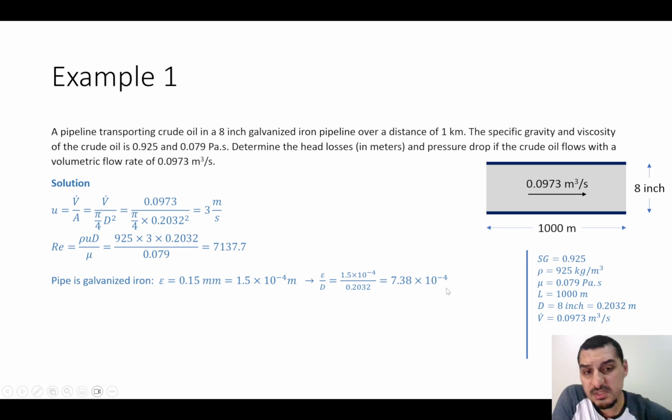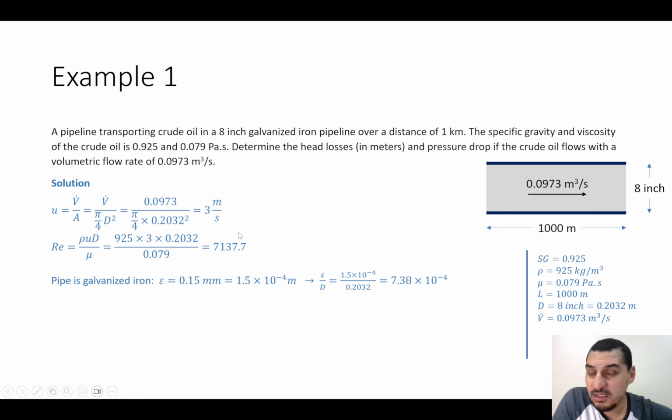So this is good news. We know the relative roughness, we know the Reynolds number. Of course, this Reynolds number is more than 4000, so one thing you need to pay attention to is that this is a turbulent flow, so you cannot apply 64 over Reynolds number for the friction factor. So let's check.